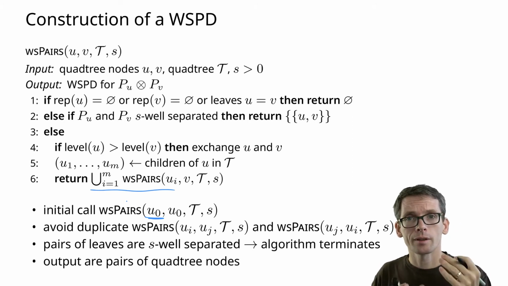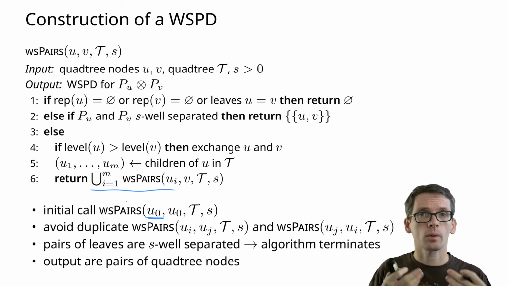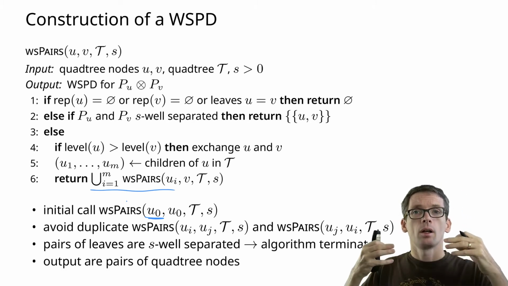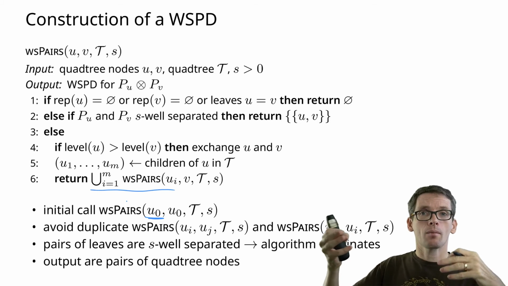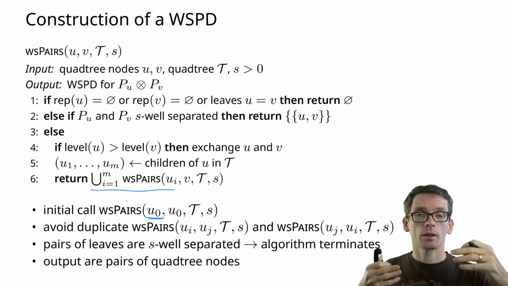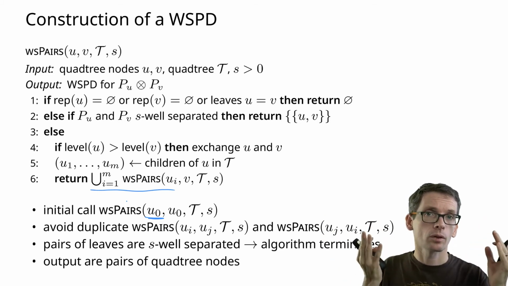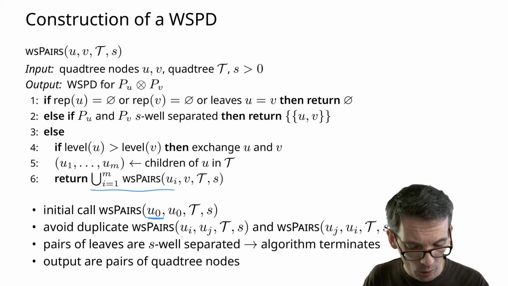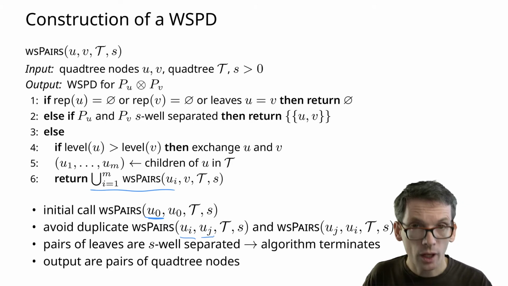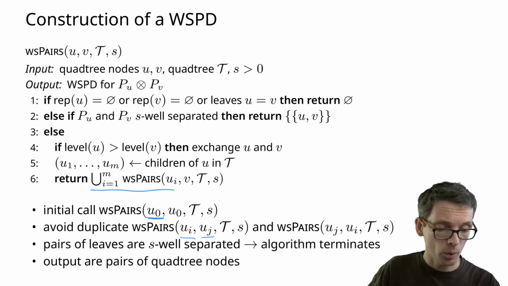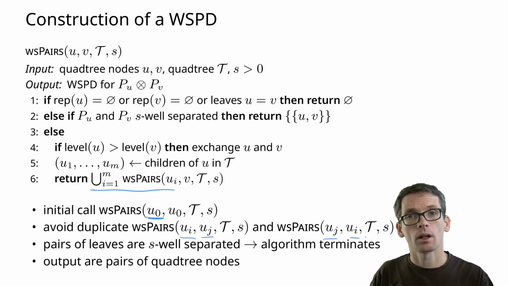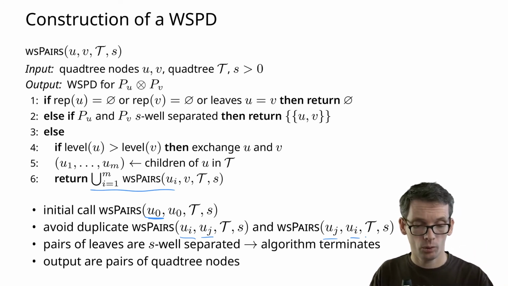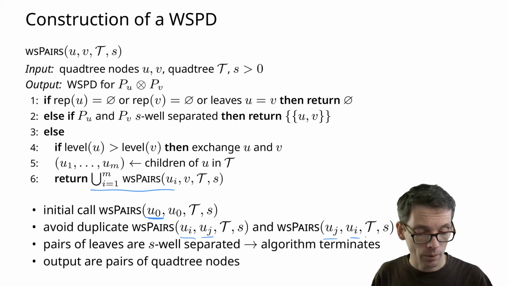So you should set up the algorithm in such a way that you do not call the same pair of squares twice. That seems somewhat obvious, but at least as I described it, it would be very natural to get Ui and Uj, and then at some other point Uj and Ui. So you should only recurse on one of those two, because otherwise you will find pairs twice.